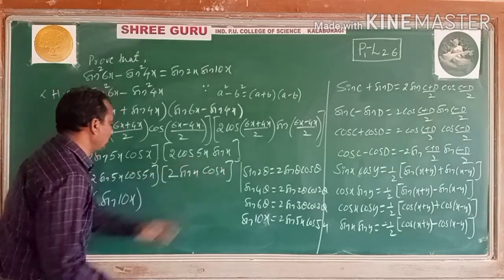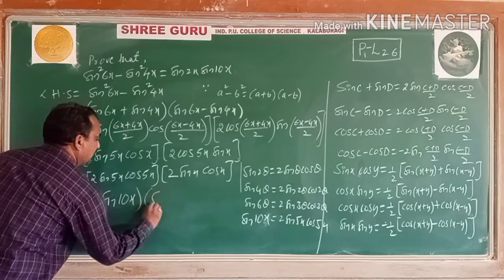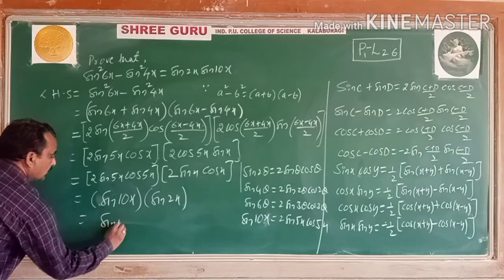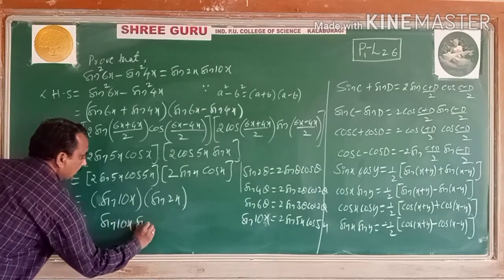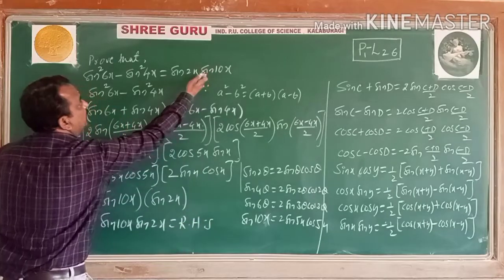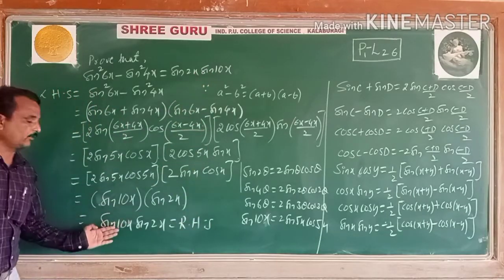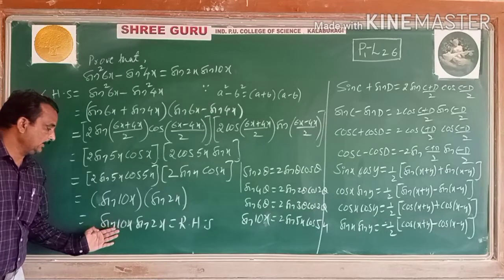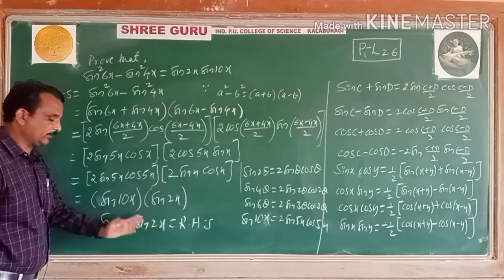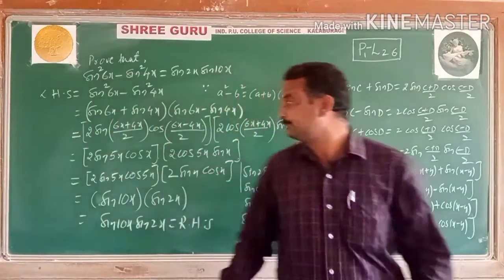This 2 sin x into cos x is sin of 2x. So, therefore, this is equal to sin 10x into sin of 2x. Is it your RHS? This is your RHS, sin 2x into sin of 10x, or sin 10x into sin of 2x. So this is your RHS here.